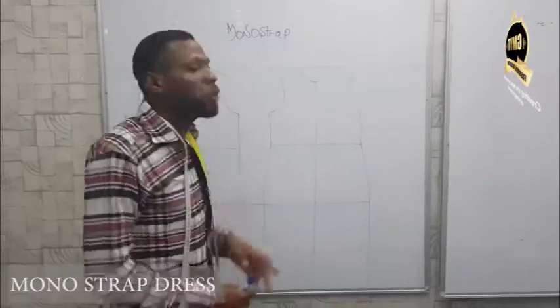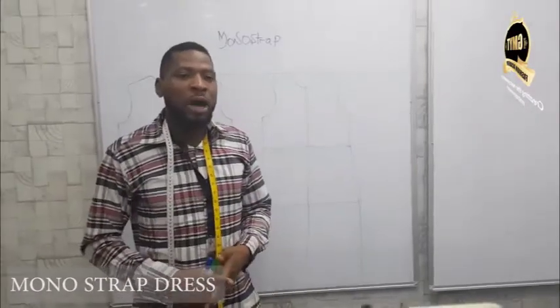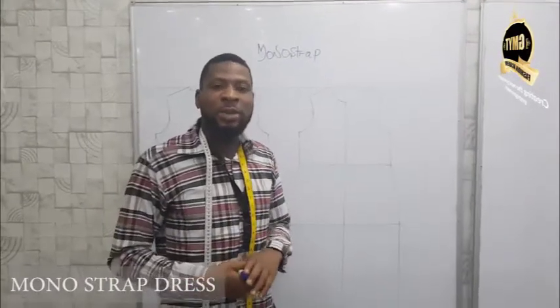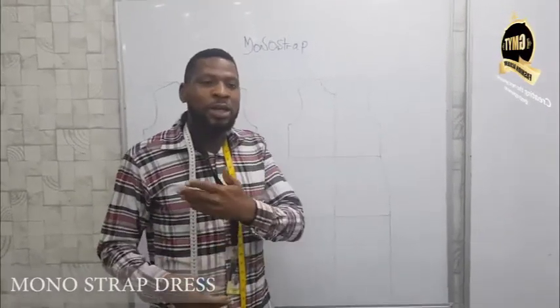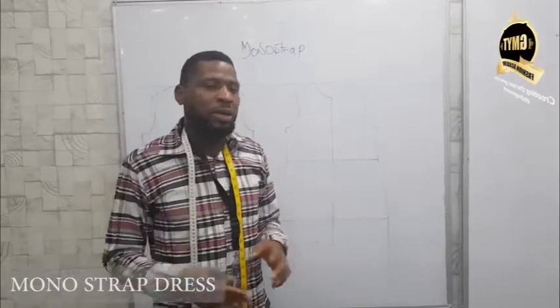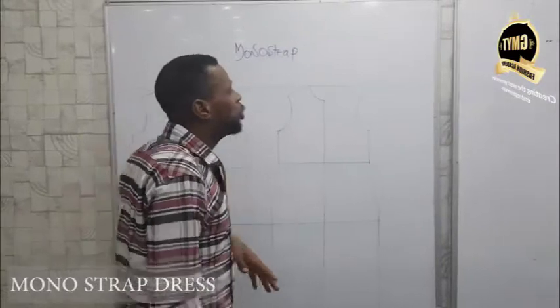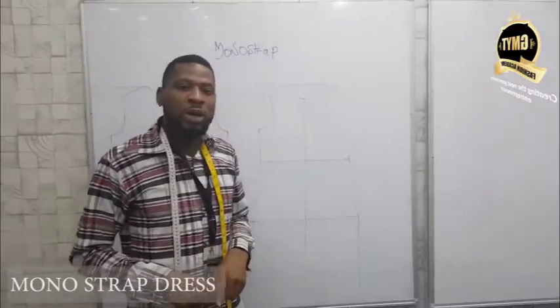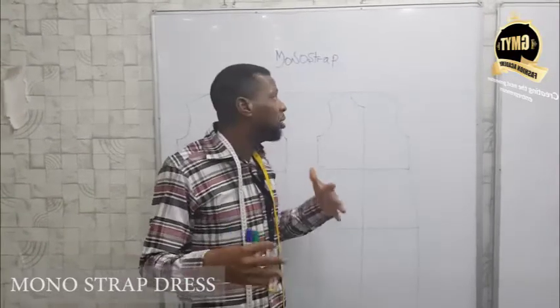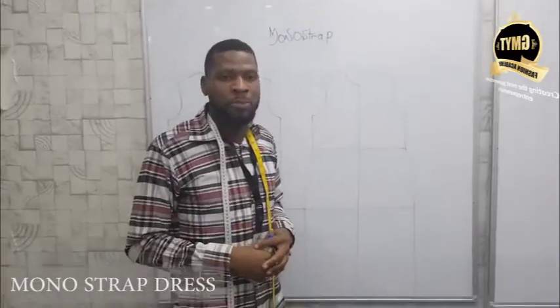The word monostrap talks about dresses that have an asymmetric neckline. An asymmetric neckline is a kind of neckline that is not straight and not balanced. So for you to create your monostrap, you should have an understanding of what kind of monostrap effect you want the dress to have, or the kind of monostrap look you want to create.